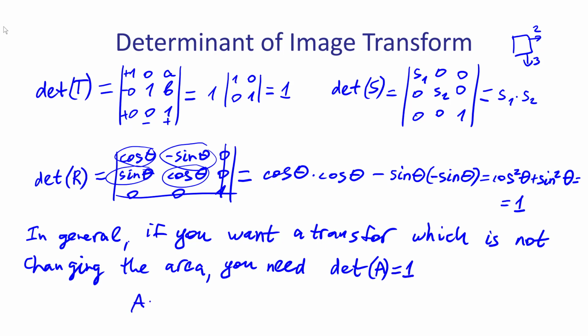So an area preserving transform is defined by determinant of A equals 1.